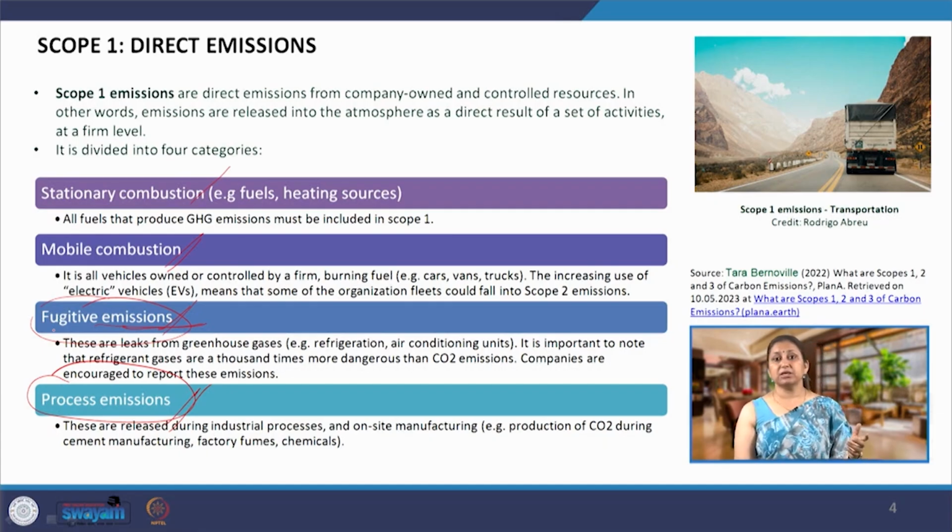Now, as a facility, as an industry, if I am not very careful about how the gases are leaking out of my closed loops and my closed systems, and if I am transparently reporting that, it would also tell the world about the carelessness of a company probably.